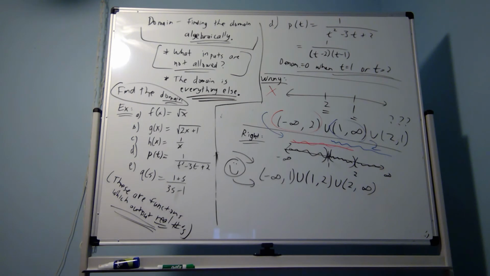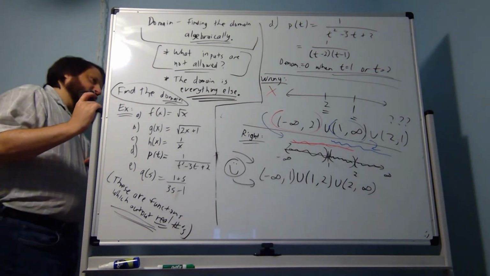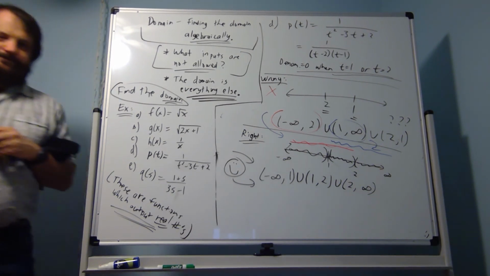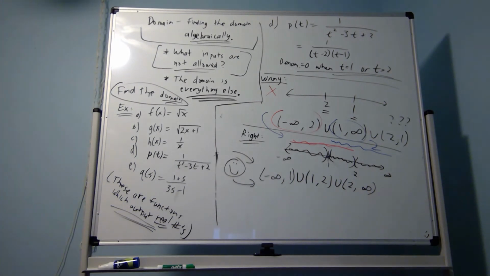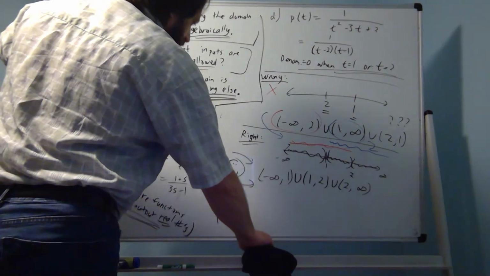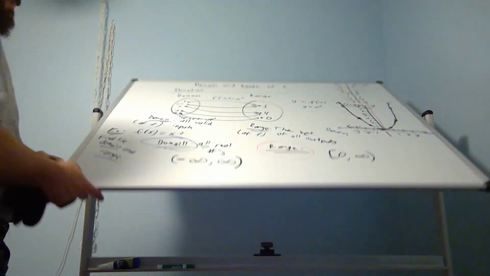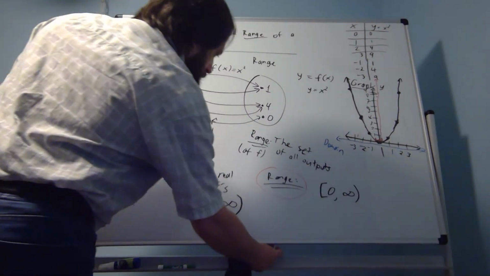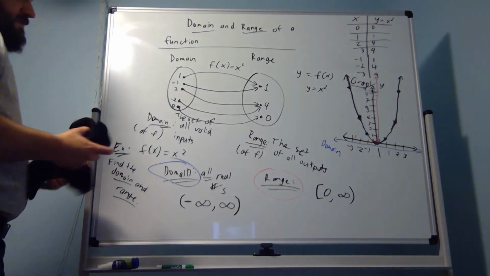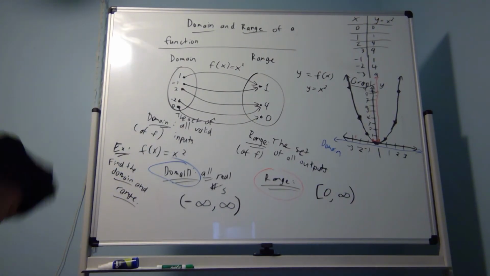Okay, so what else did I want to do here? Did I want to say more about range? Yeah, let's just take one quick look at range again, just because this might be a little bit tricky.